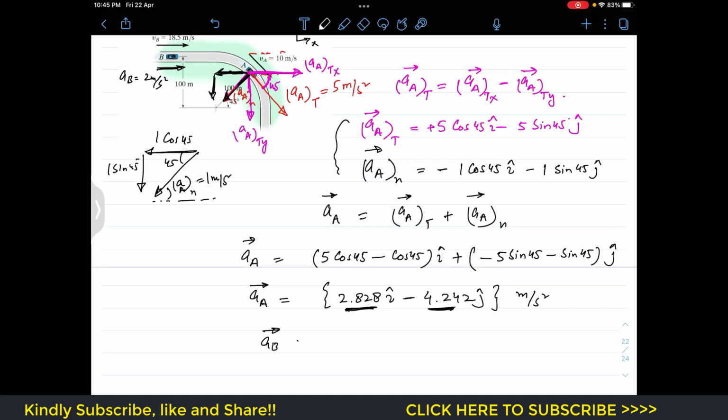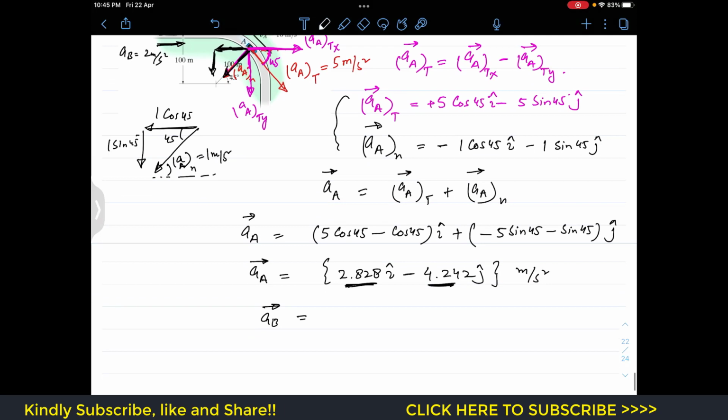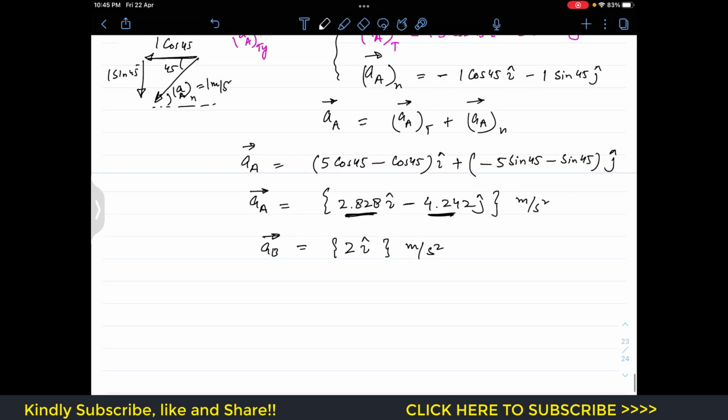Now we have the acceleration of car B. The acceleration of car B is in the positive x, and it has a magnitude of 2 meter per second square. So we can write that a_B vector is 2 in the positive i, and its magnitude is in meter per second square.